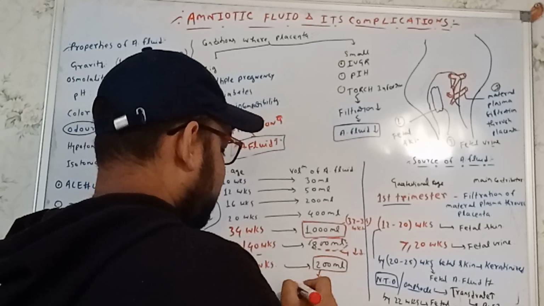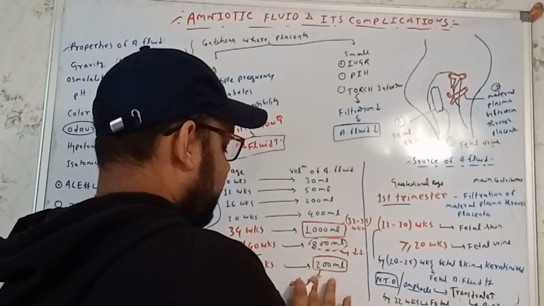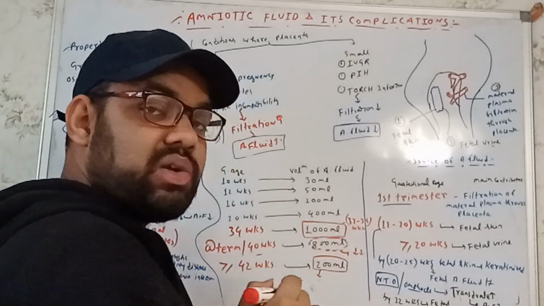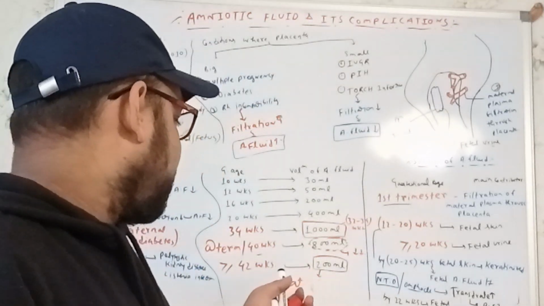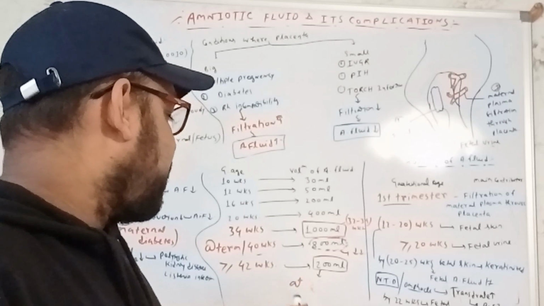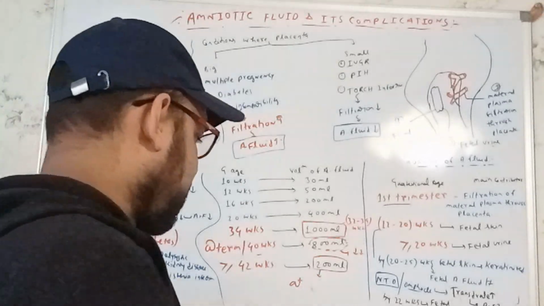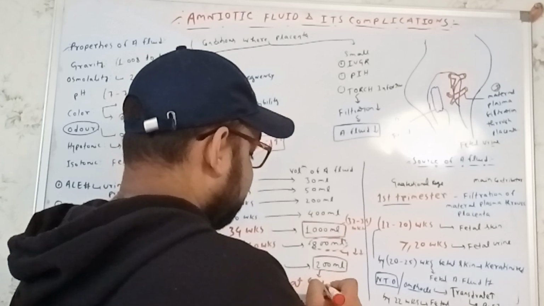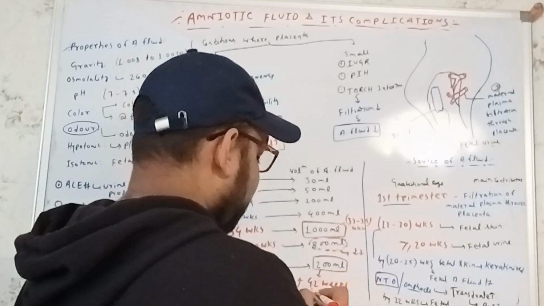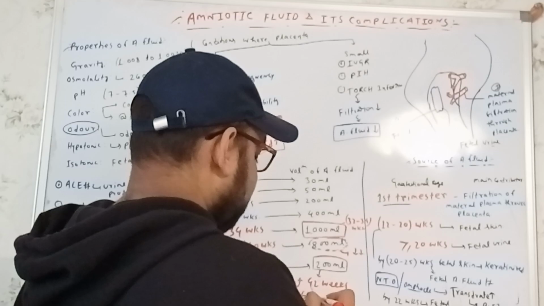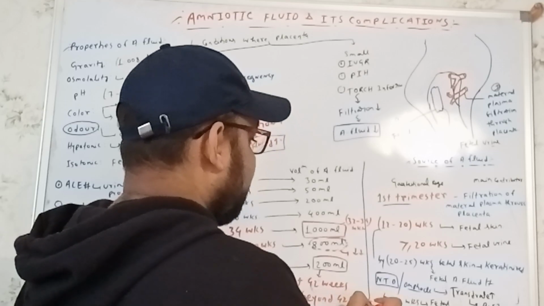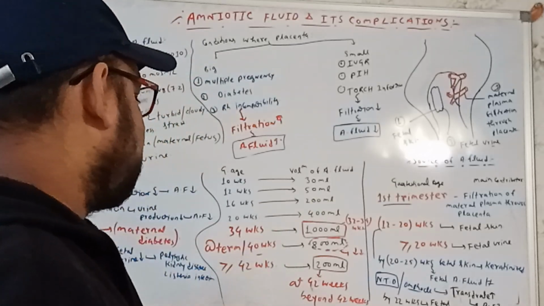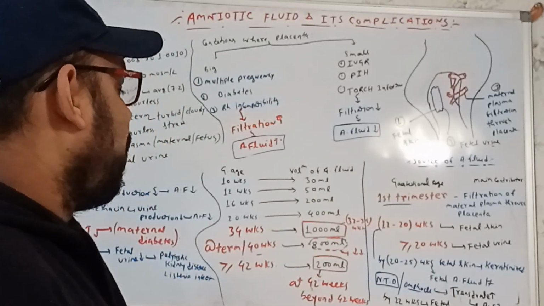So at 42 weeks, what did I say? Around 42 weeks or beyond 42 weeks, we'll see the volume of the amniotic fluid is less, around 200 ml.